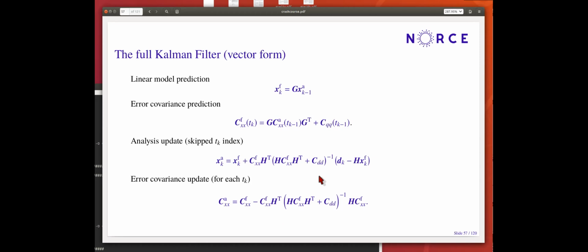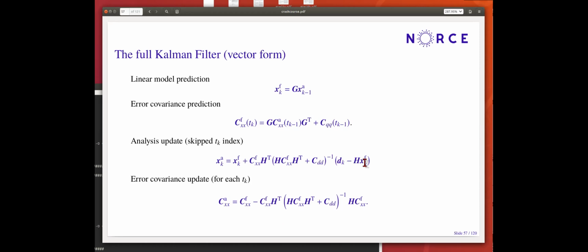What we can say now is that this equation propagates the errors. So it will advect errors with the flow in a flow model, and it adds a contribution from the model errors at each time step. This equation computes an update, and this update is moving x closer to the measurements.